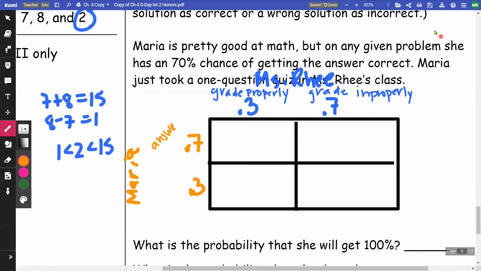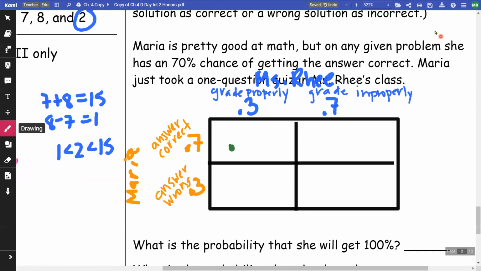Answer correct. Answer wrong. And then I'm going to work these out. So when I work these out, this is going to be 0.21. This is going to be 0.49. This is going to be 0.09. And this is going to be 0.21.